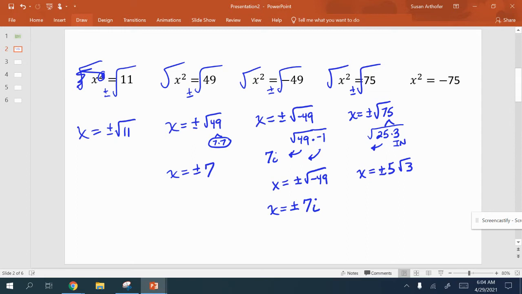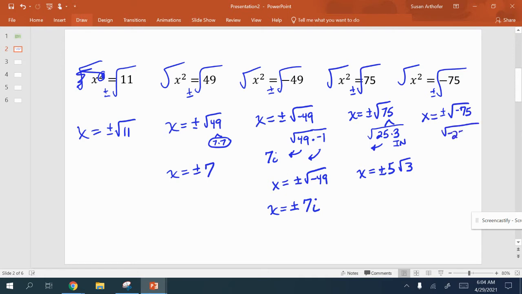Okay, the next one's very similar, but it has the negative 75. So we're going to have to deal with i. So square roots both sides. Don't forget to add the plus or minus. So out comes x is equal to plus or minus square root of negative 75. For negative 75, we have to break it up.